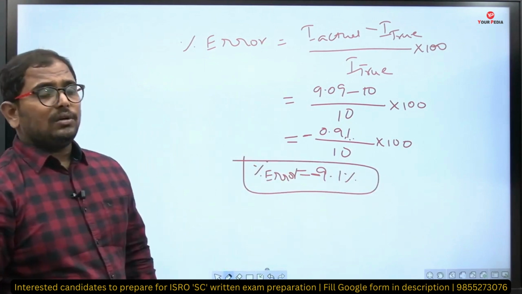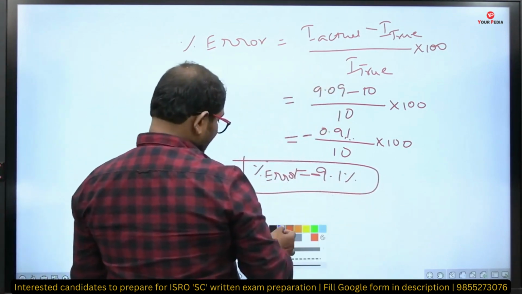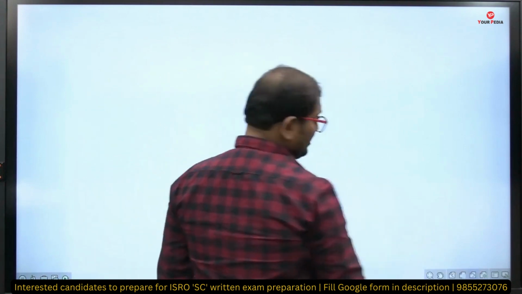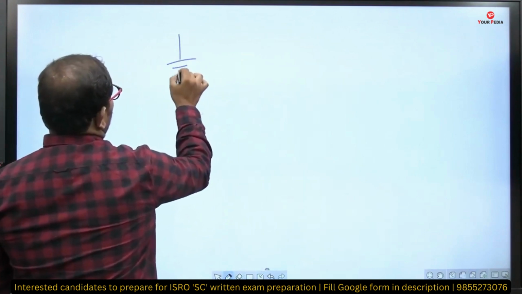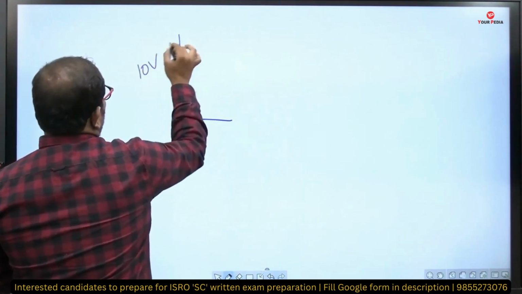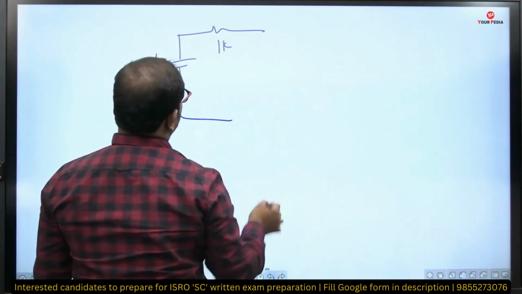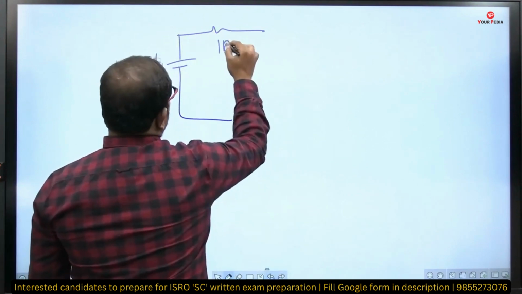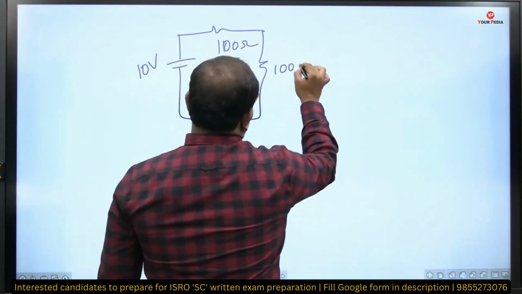Okay, now let's solve another problem with the help of voltage calculations, that is, voltmeter introduction. What happens if I choose that kind of system? This is 10 volts. Here I have 1 kilo ohm, or let me take it as 100 ohms. This will be another 100 ohms.